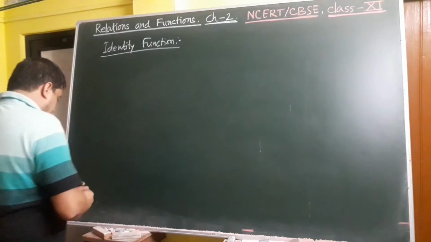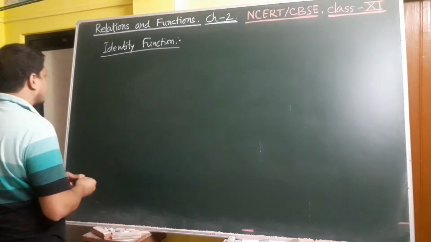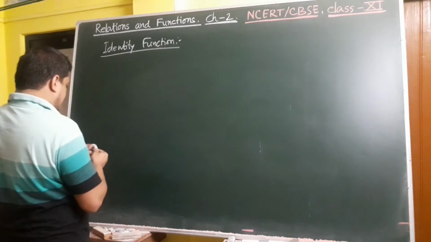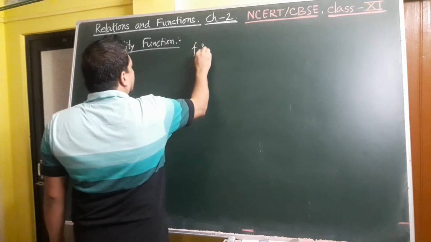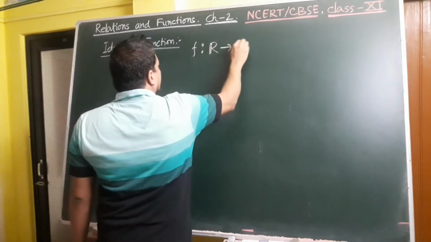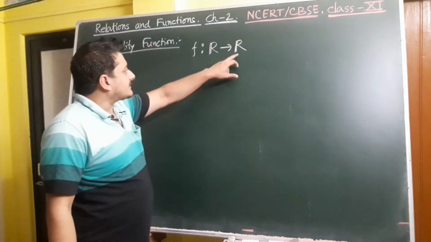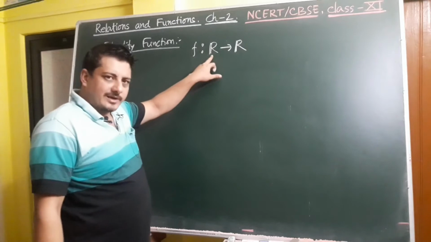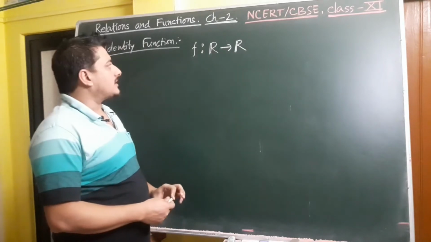Now you see, any function f from R to R. R is the set of all real numbers. That means its domain is real numbers and its range is also real numbers.